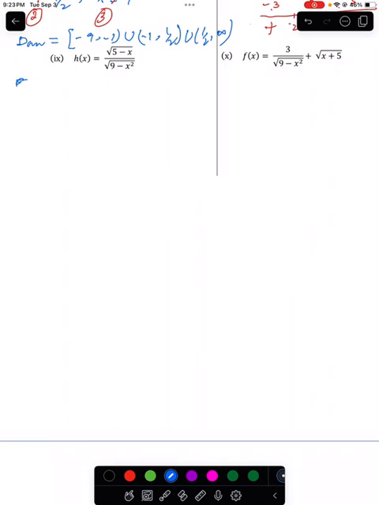So 5 minus x has to be greater than or equal to 0. From here, 5 is greater than or equal to x, or x is less than or equal to 5. Now we leave it there, because this is something that we will come back to.